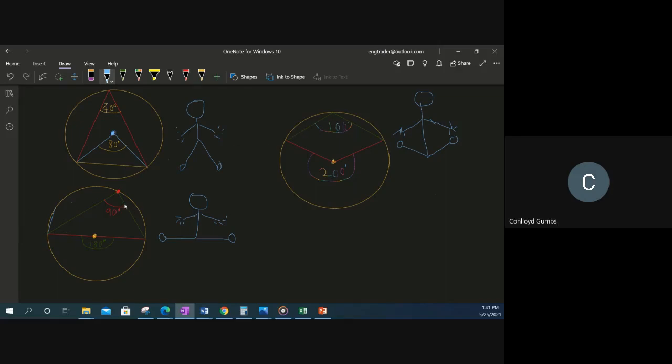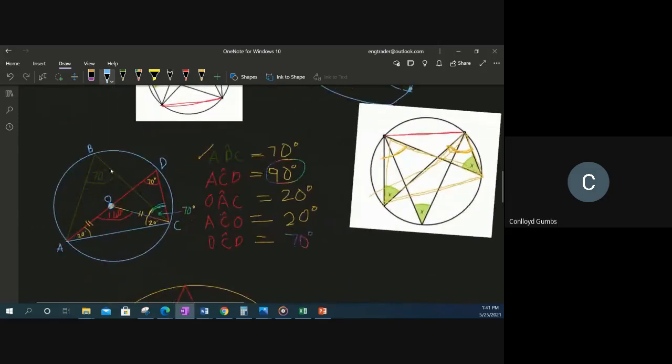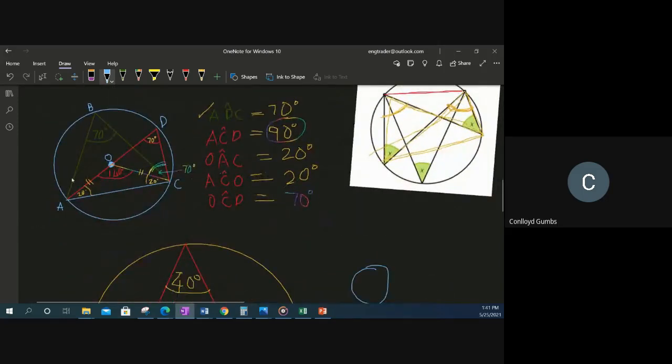Now, if we look at this diagram that we had here, you would see the same rule applying here. This here is the Patrick situation that we're looking at. So these here, the radii, represent the legs. All right, so if this is 70, we know that right here is 140.